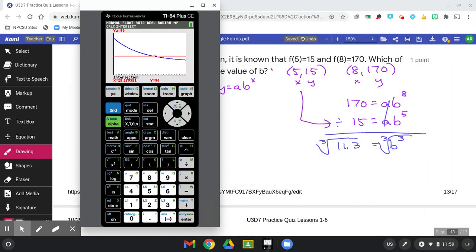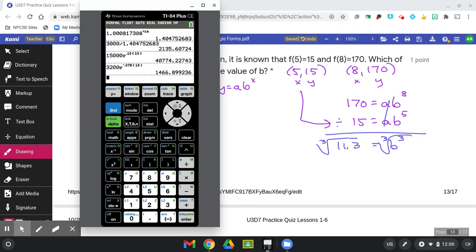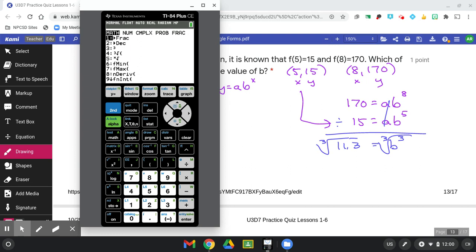let's see, I'm going to clear this. Okay, so I have 170 divided by 15. And now I want to take the cube root of that. That's in the math key, option 4. And then I'm going to copy and paste that full answer.